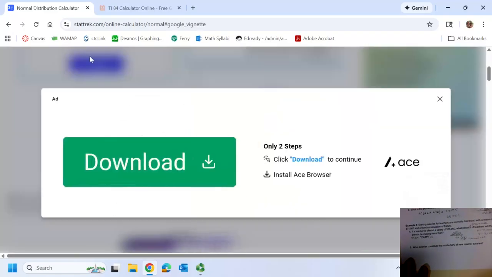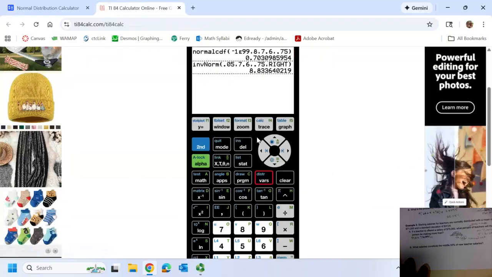I'm going to go back to my TI calculator just because I know how that works a little bit better. So second distribution, we're doing normal CDF. Lower limit's good at negative infinity. My upper limit is 75,000.